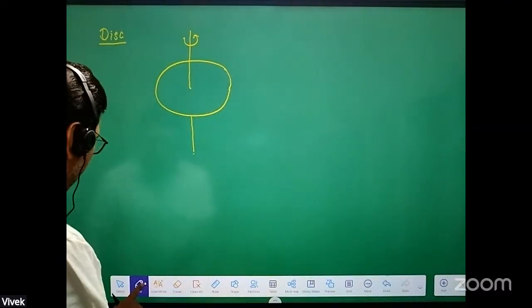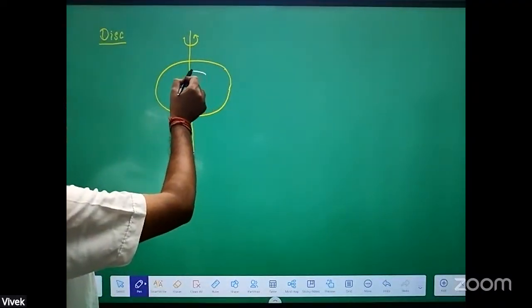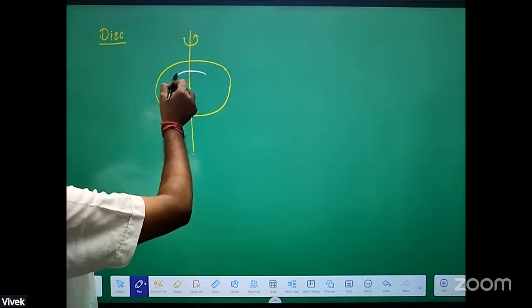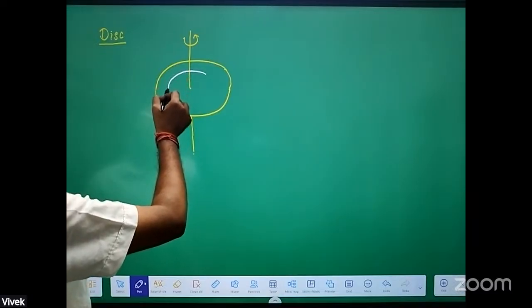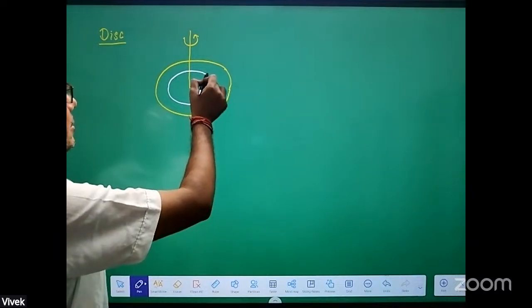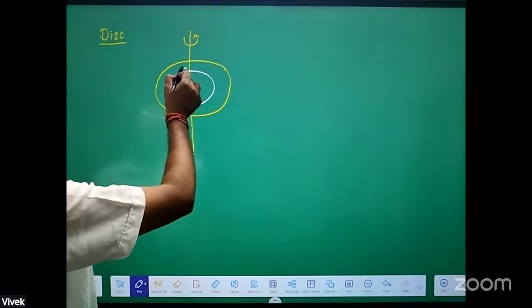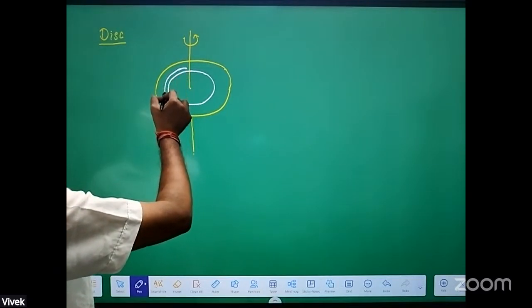That is very simple. What you are going to consider, you will consider a circular strip. Infinitesimal circular strip you are going to consider. So here you are considering a strip whose thickness or width is dx.